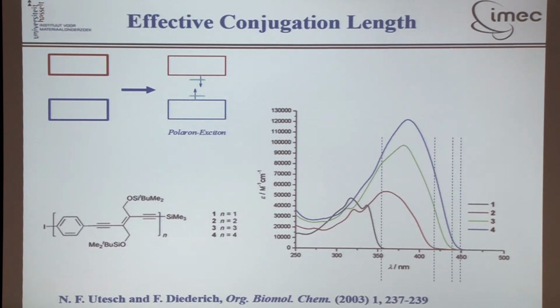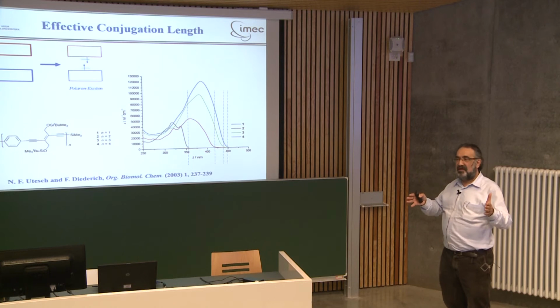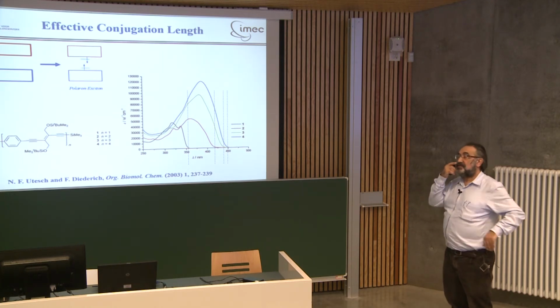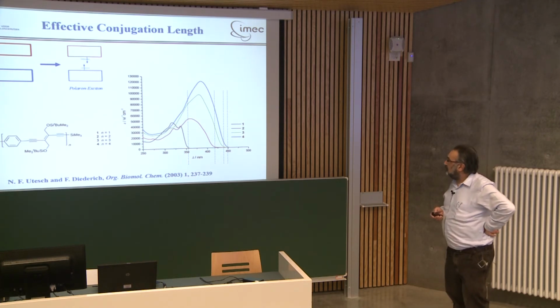And it's effectively like that. If you go to an oligomer with 9 or 10, let's say 11 repeating units, you will see that this onset doesn't change anymore. Where is this coming from?